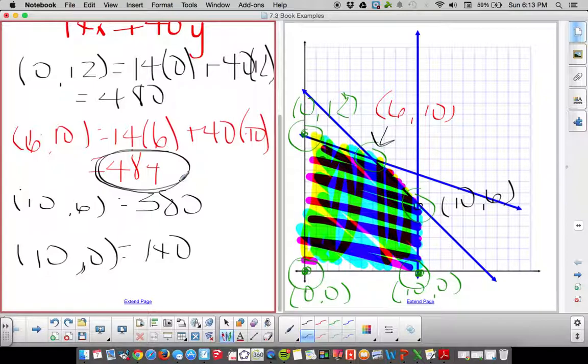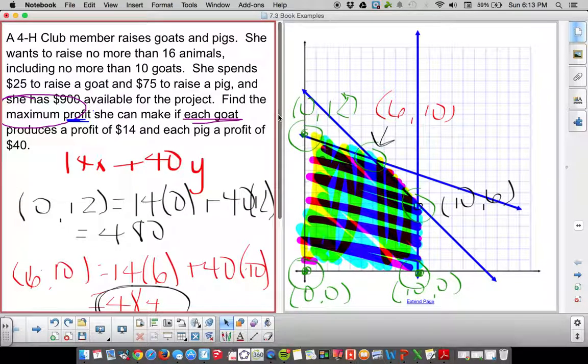Okay, so I'm going to just recap a little bit. What we did from the beginning is we looked at our problem situation, figured out what we needed to maximize, which was this equation here, and then from the rest of the information in the problem, we set up our constraints.